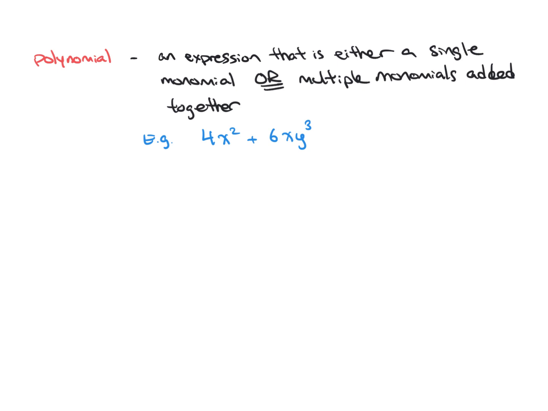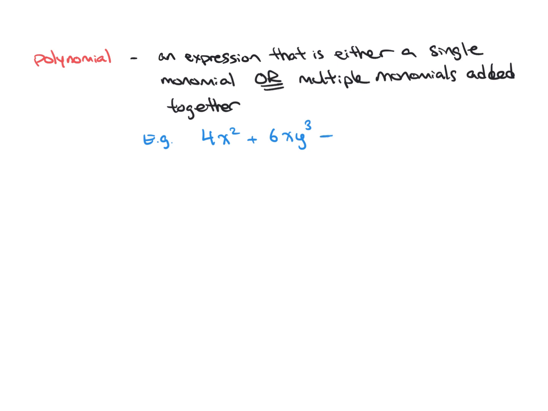So now I can't call the whole thing a monomial, but I am allowed to call it a polynomial. So when you have two or more of them added together, then we can start calling them polynomials.